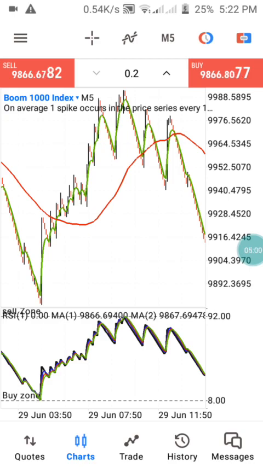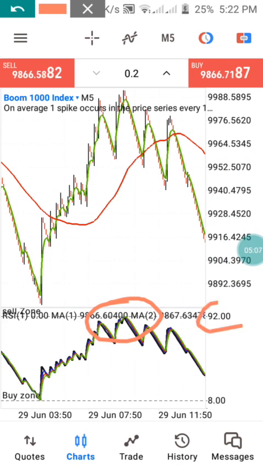Like what I did here, you see this particular area, you see it reached our 92 area here, and it's giving us an entry for a buy zone. So now if you want to enter your sell entry, you need to enter it at this particular area, and you begin to take your trade on a downtrend.